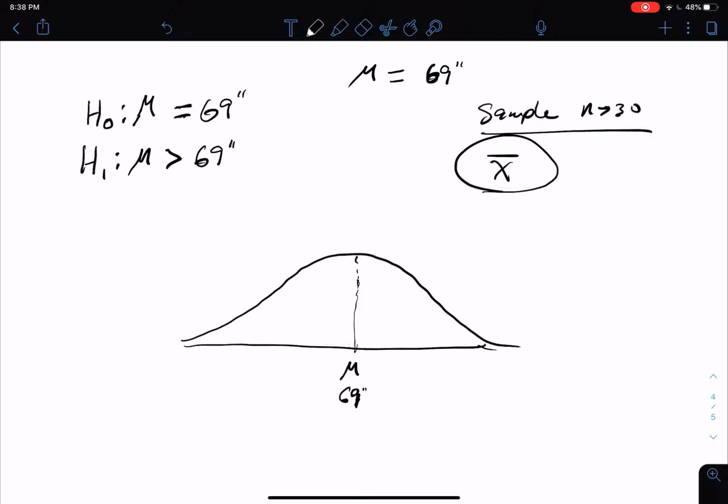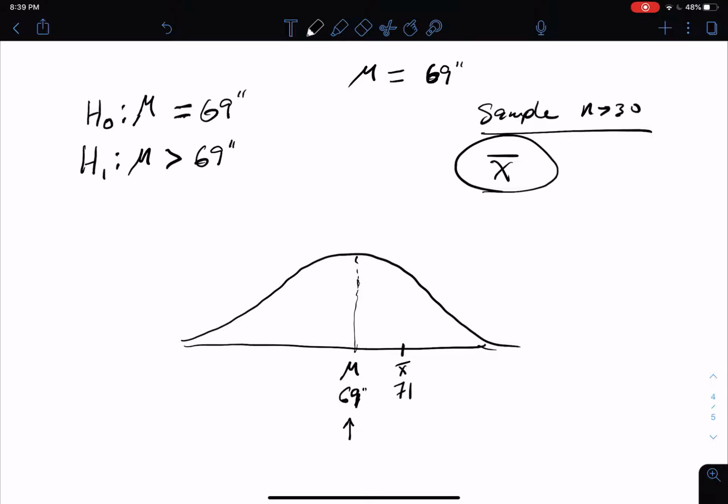It turns out when we do that, my sample mean, this X bar, ends up being, let's say, 71 inches tall. You could also do another sample that maybe is below, less than 69. But what I'm saying is we're expecting it to not be exactly 69, because it's a sample.